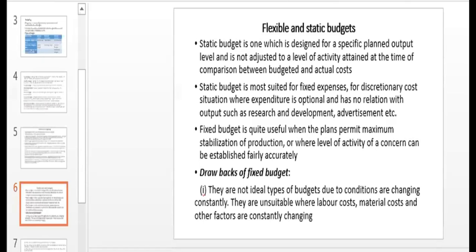We don't adjust them, and they are aimed at a planned output. For example, if you want to open a branch in Addis, and I'm a Kenyan, I will start planning for that 5 years from now, so that I start spending there, probably constructing the premises, putting everything into place.